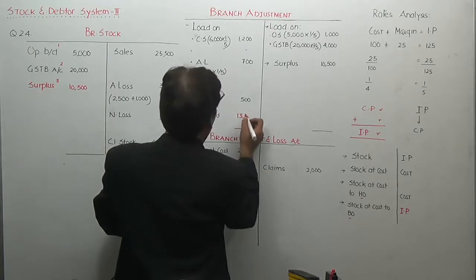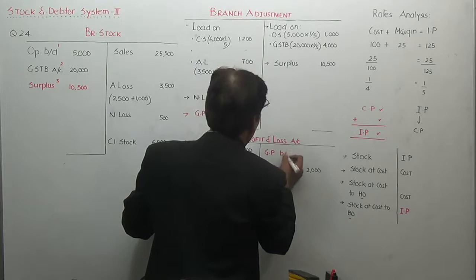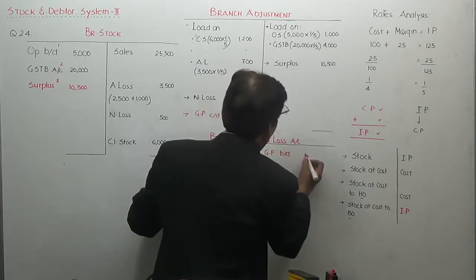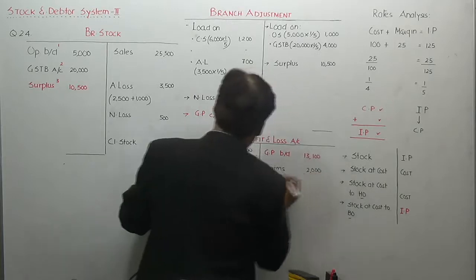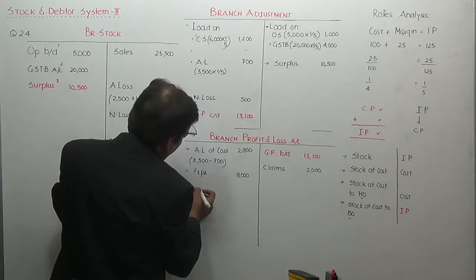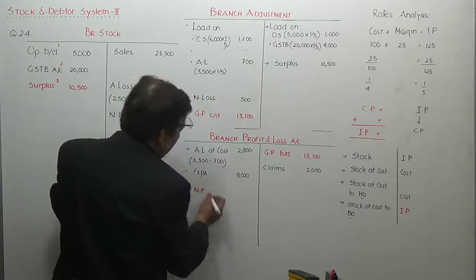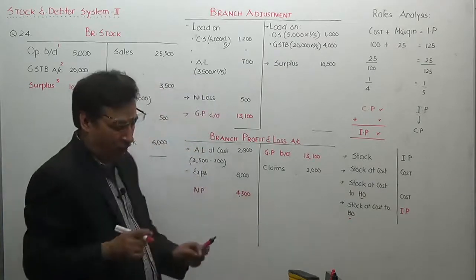So 13,100 you are going to write down over here, and then we are going to write gross profit brought down, 13,100. And then we are going to pick up our net profit. That is the basic advantage of this particular method, that under this you can compute your gross and net profit simultaneously and separately. Is it clear to you?